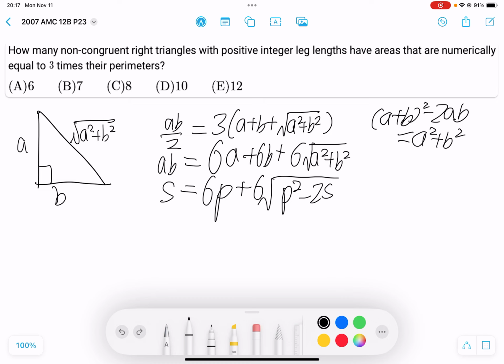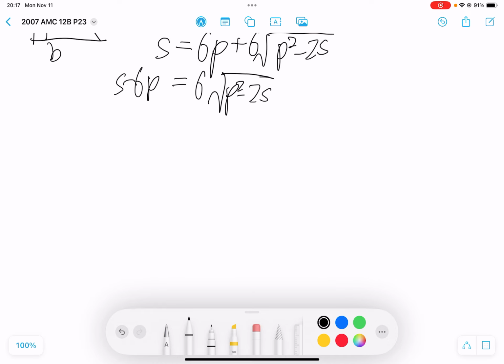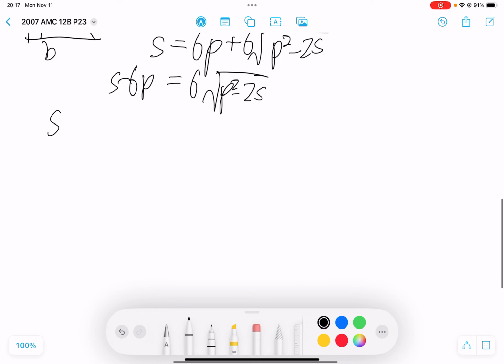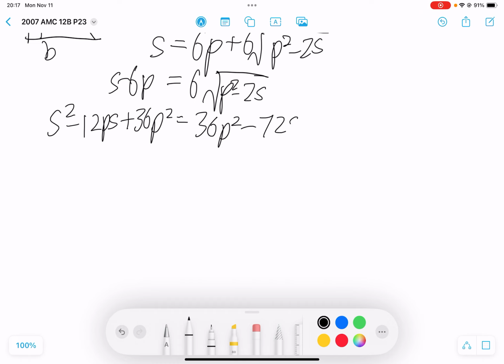So now we can move 6p to the other side of the equation, and square both sides to get rid of the square root, because that's what we actually want to do. So we have s minus 6p squared, which is s squared minus 12ps plus 36p squared. And on the other side, we have 36p squared minus 72s.